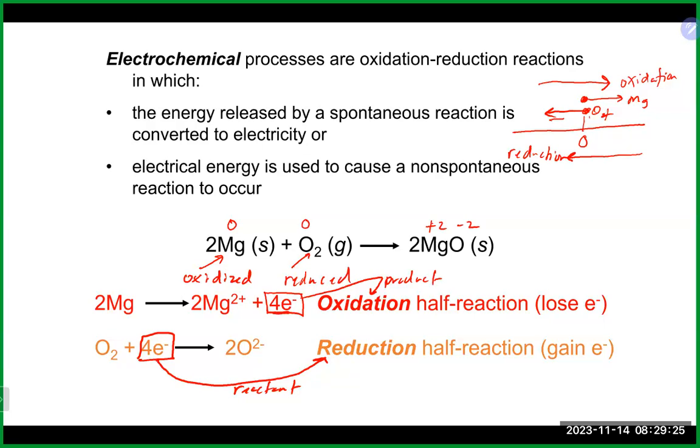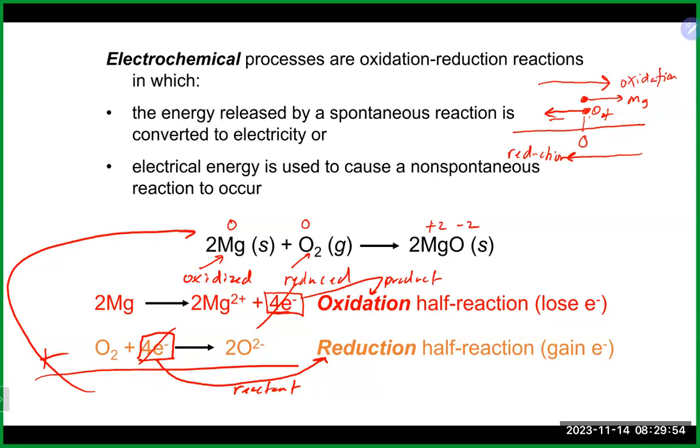Also really important, these are called half reactions because when you add them back together, the electrons will cancel and you'll get back to the original reaction. You always want to make sure that the number of electrons in each half reaction are the same before you add those reactions back together.